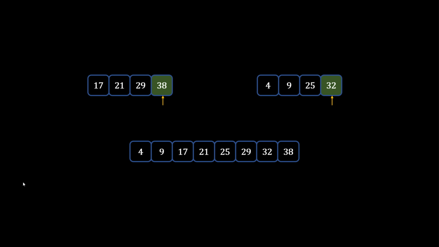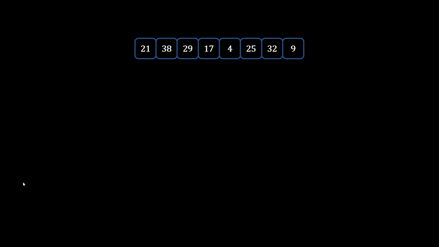You keep on doing that and you get this nicely sorted array. So what we learned is if we have two sorted arrays, creating a single sorted array out of them is very easy.